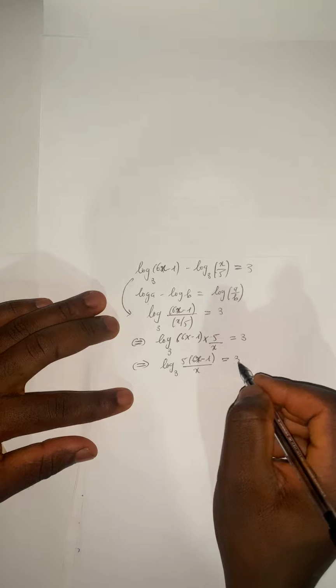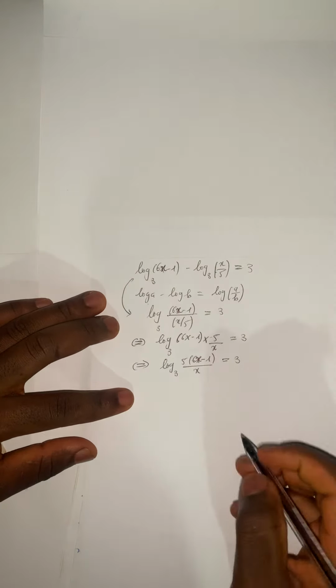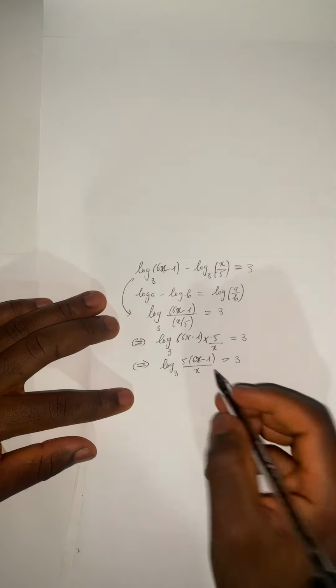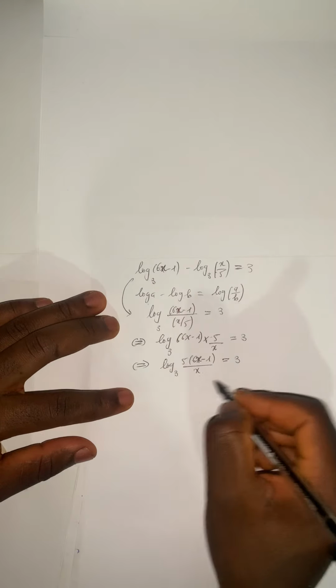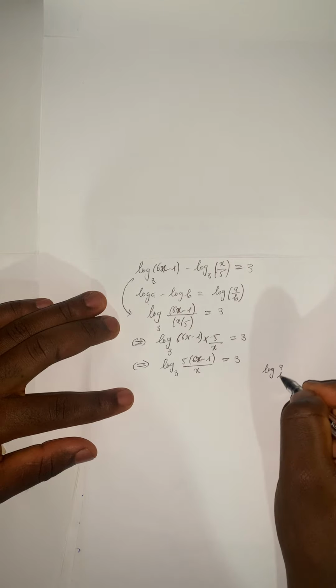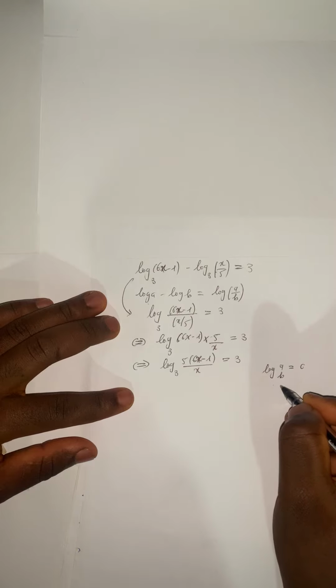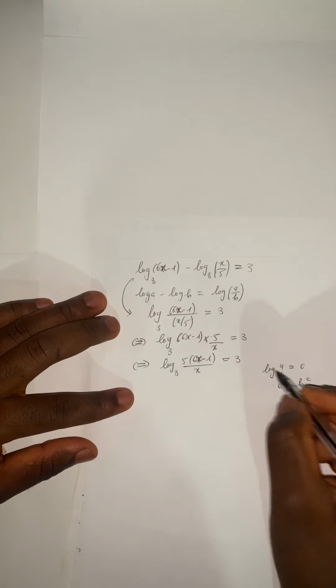equal to 3. And from this property of logarithms, we also know that if log a base b is equal to c, then a is equal to b raised to the power c.